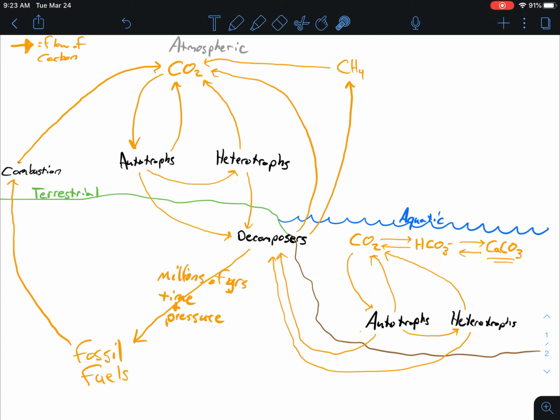It's just we combust them at a greater rate than nature can remake them. This fossil fuel reservoir of carbon has been something that has kept our atmospheric carbon dioxide levels in check for the billions of years of our planet. Not all of them, but many of them. We are just drastically reintroducing that carbon that was once stored underground as fossil fuels back to the atmosphere via combustion.